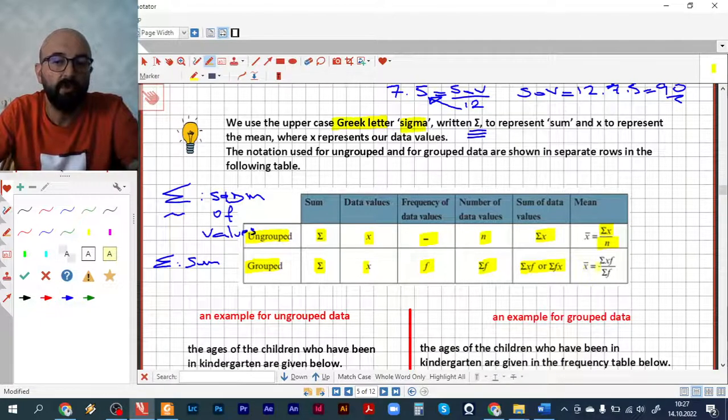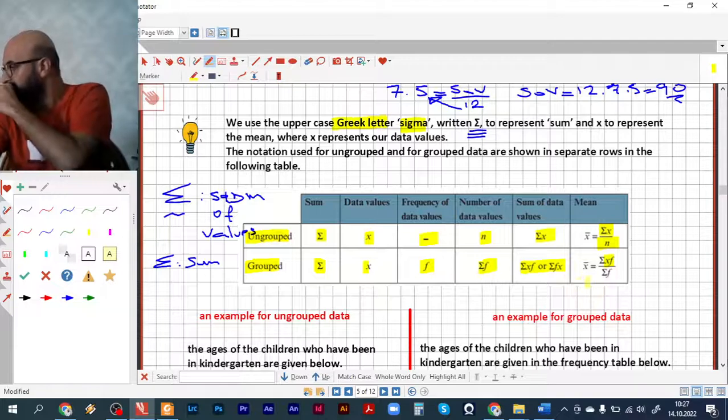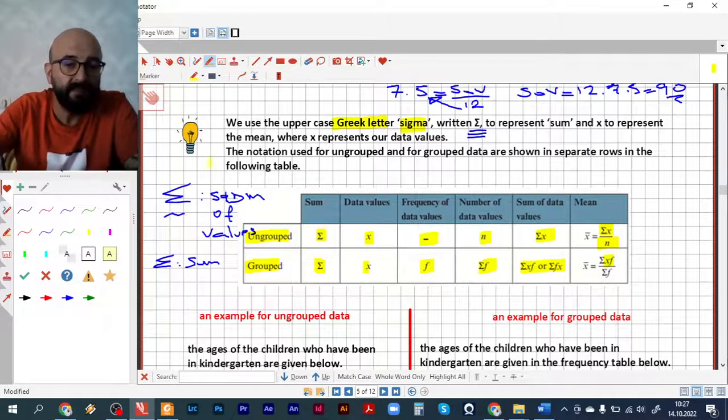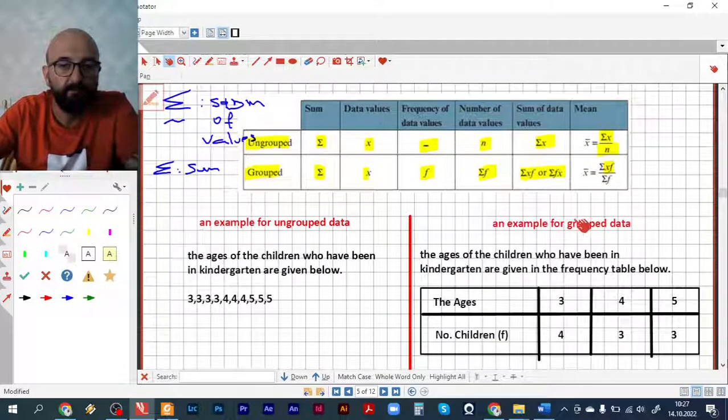If you want to find the mean in grouped data, you should first find the sum of x multiplied by frequency, and divide it by the sum of frequencies. And I have two examples, both ungrouped data and grouped data.